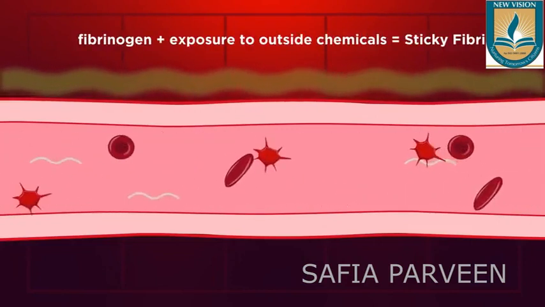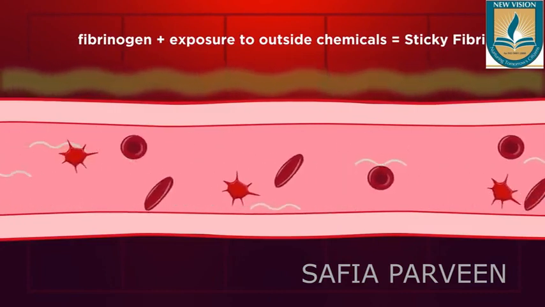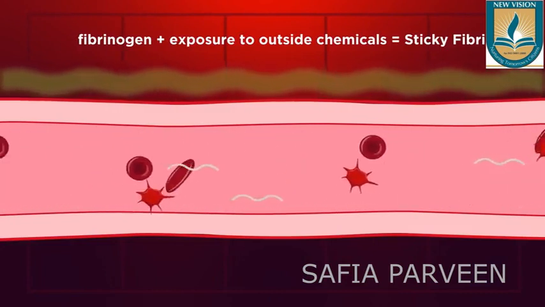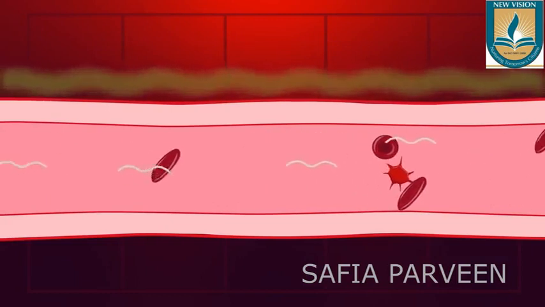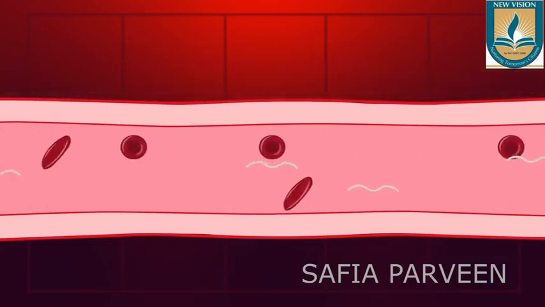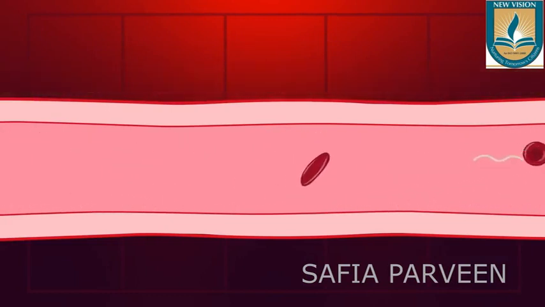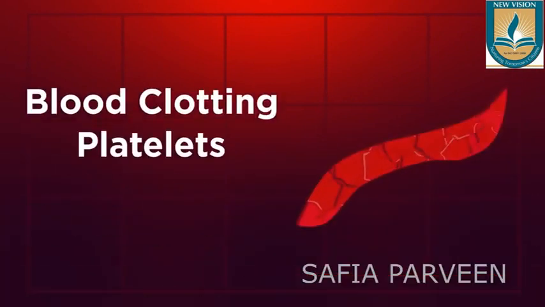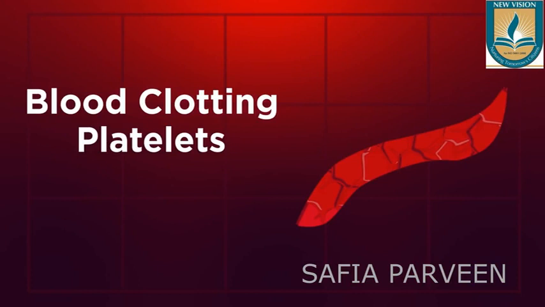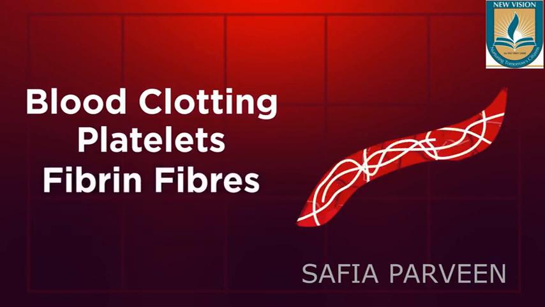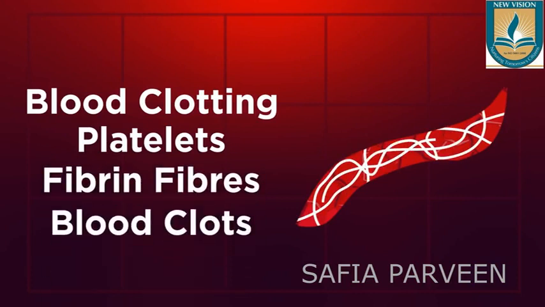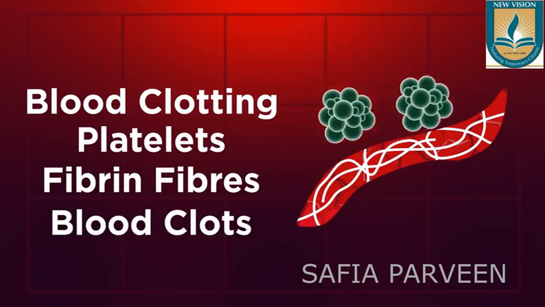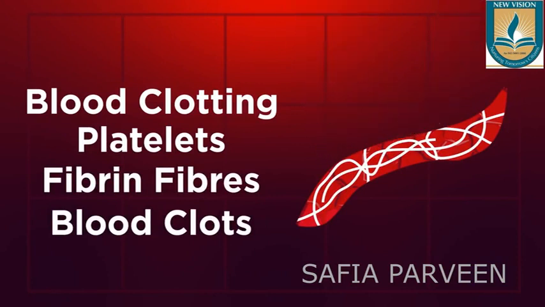So the fibrinogen and exposure to outside chemicals makes this fibrin sticky and helps in the formation of the blood clot. So the blood clotting factors are mainly platelets and fibrin fibers. They form the blood clot and prevent the flow of blood to the outside and prevent pathogens.